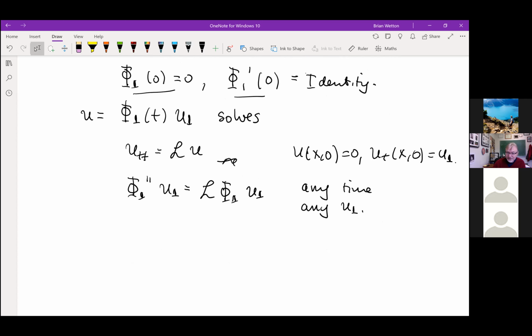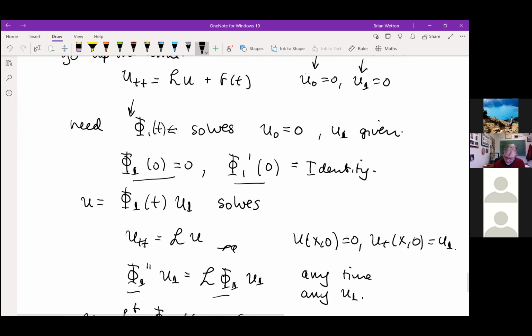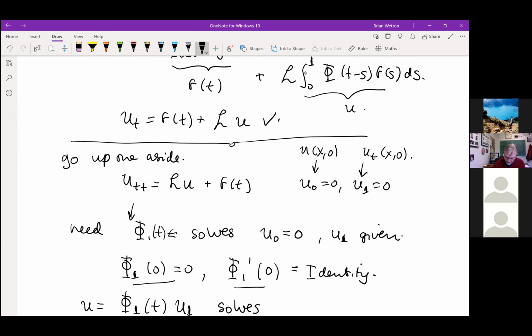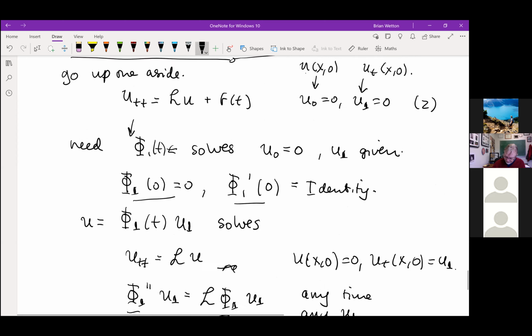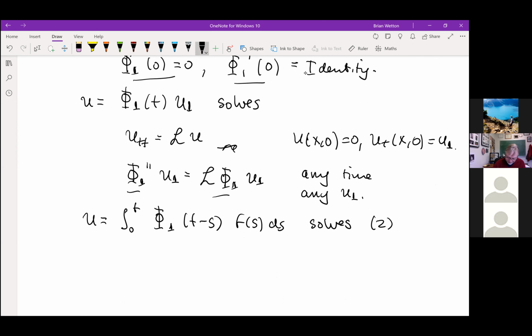Okay, so what is the formula for Duhamel's principle then? Well, it's basically just this one for the u1. So now I'm going to have u equals the integral from 0 to t. This is the initial value problem I have to use. This solves this one up here, the forcing term problem.